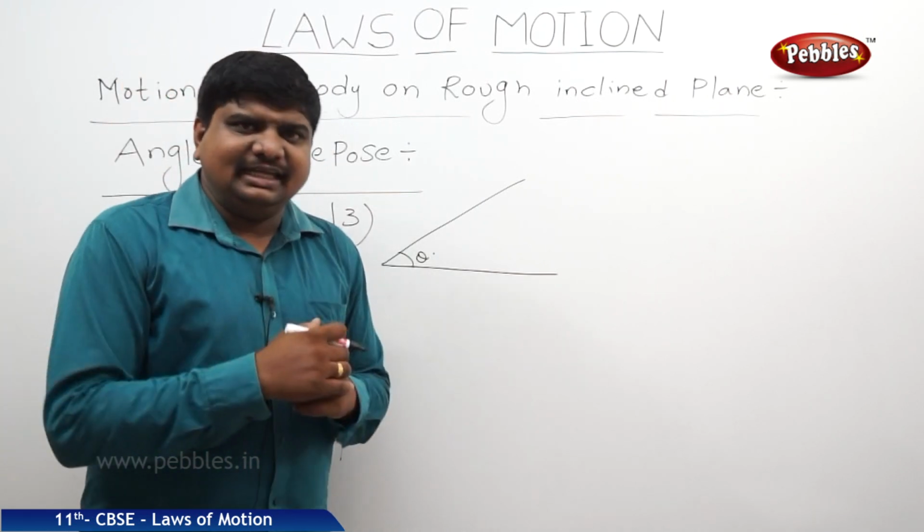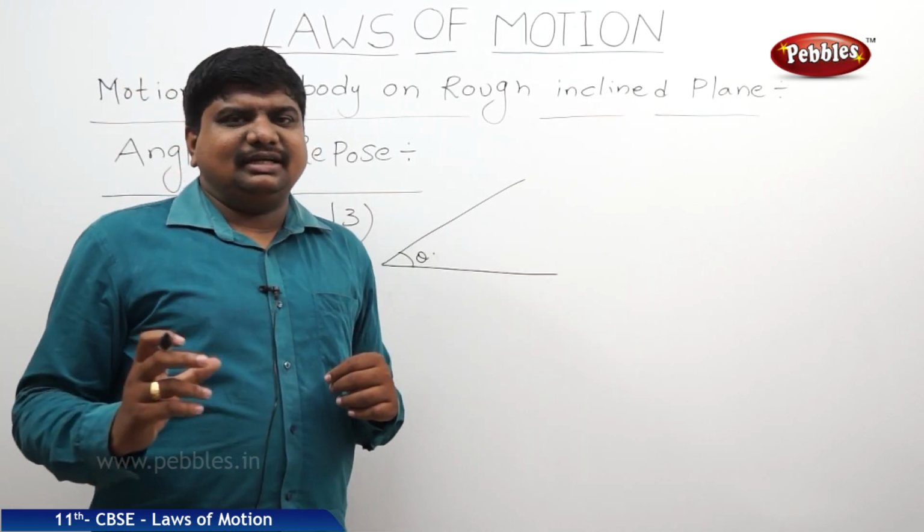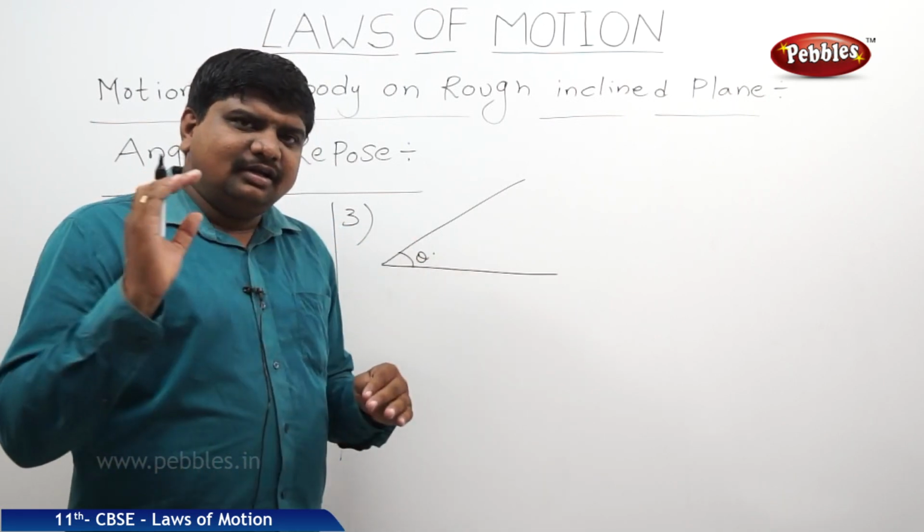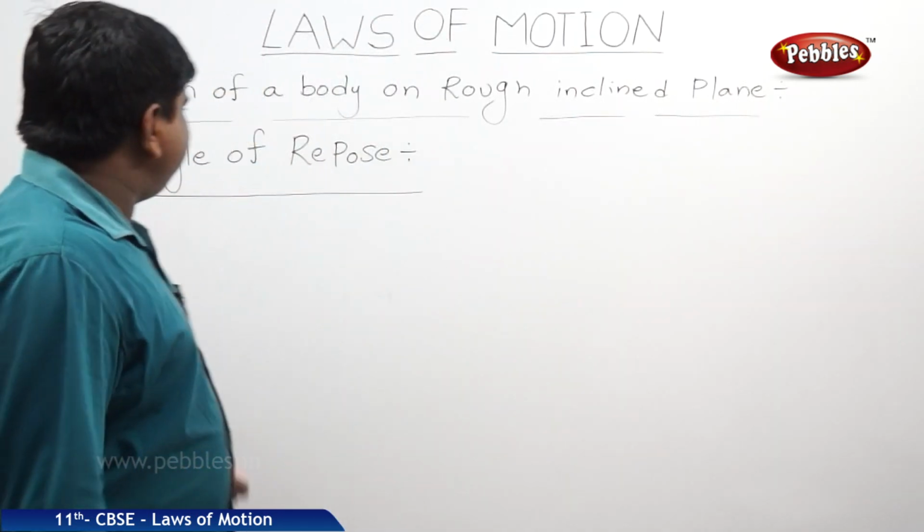Suppose you take a body, how this body will subtend the angle of repose on the plane, we will see now. So what is the definition of this concept?